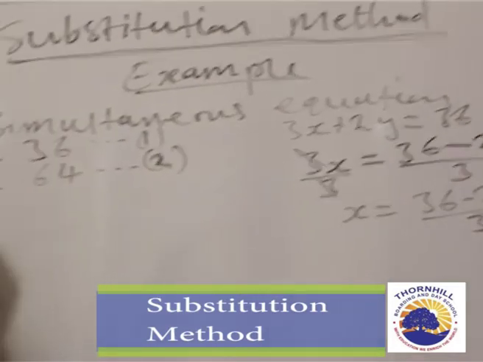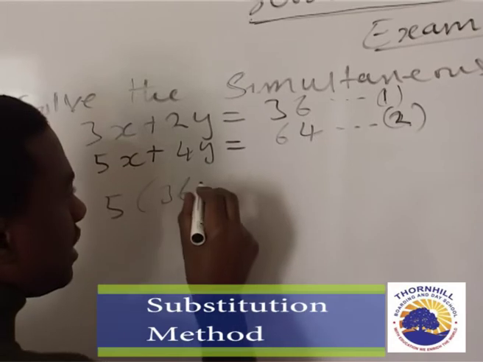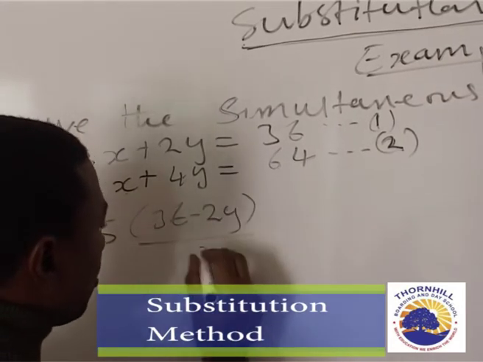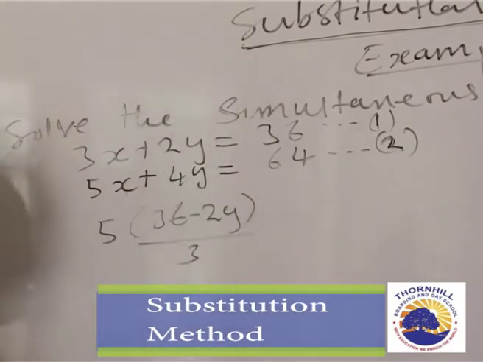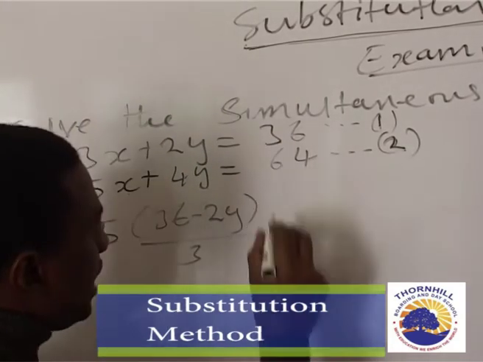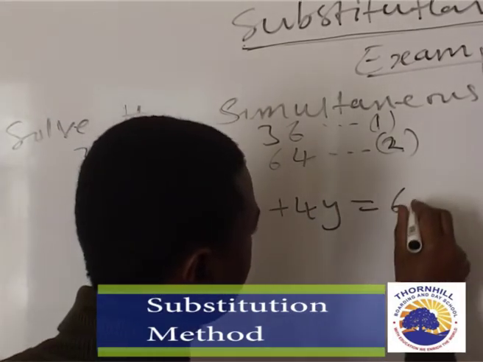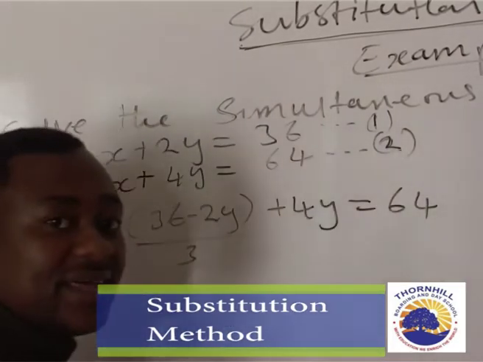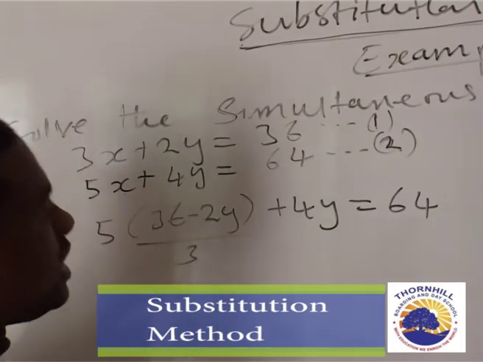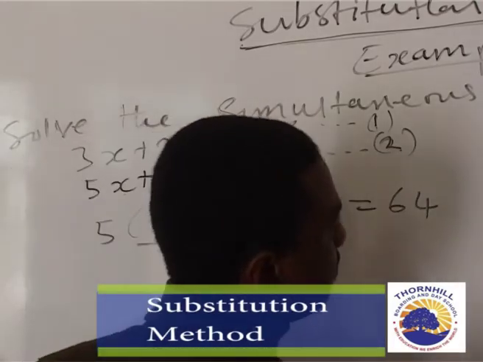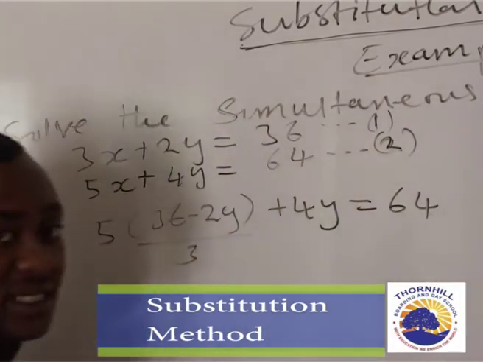We're going to put (36 minus 2y), you close, then over 3. Then, here we have 4y is equal to 64. There's nothing complicated here. What we've simply done is we have substituted. Where there is this x, we have put this because x is the subject.